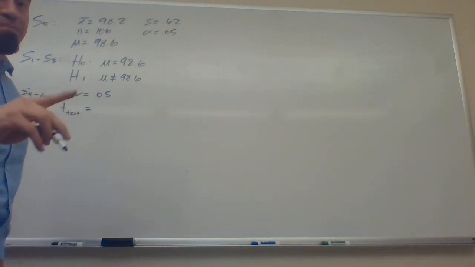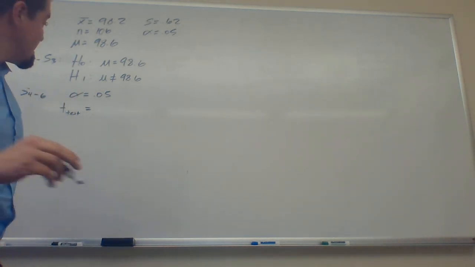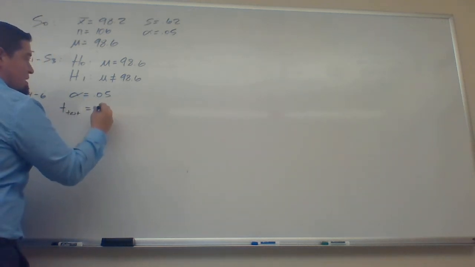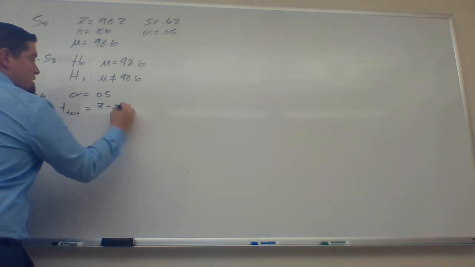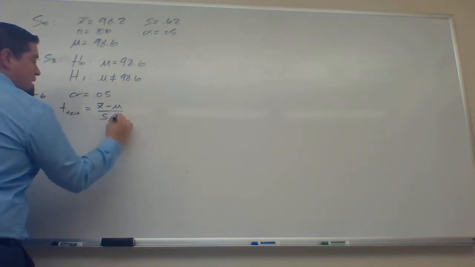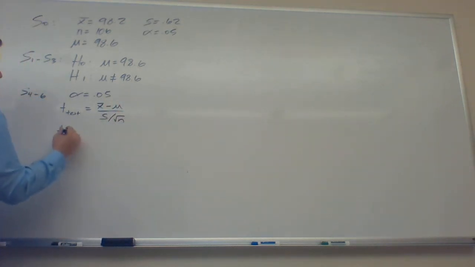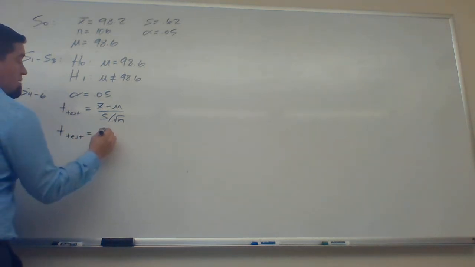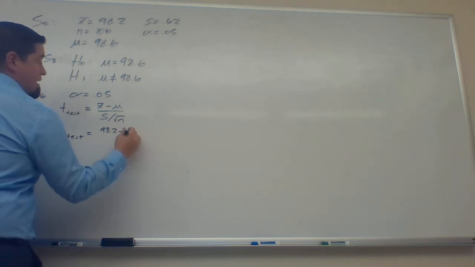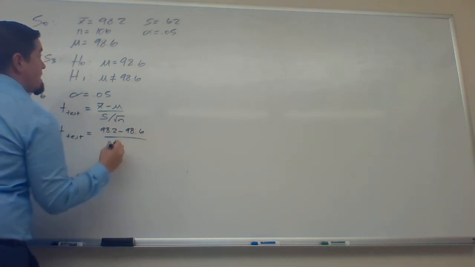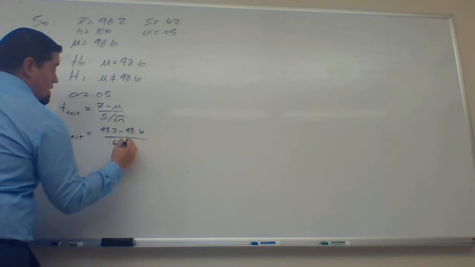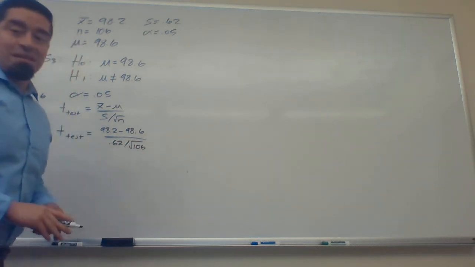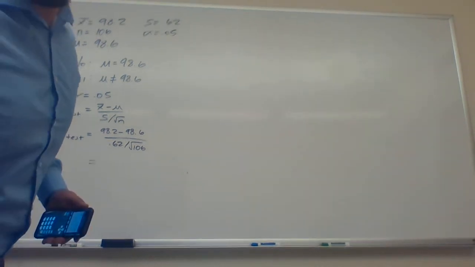Before we had p hat and p, so we would use z-test for the proportions. So now we're going to use the same formula we just did earlier. Calculate by substitution first, 98.2 minus 98.6 over s, which is 0.62, divided by the square root of n, which is 106. Input that into a calculator and you should get it.